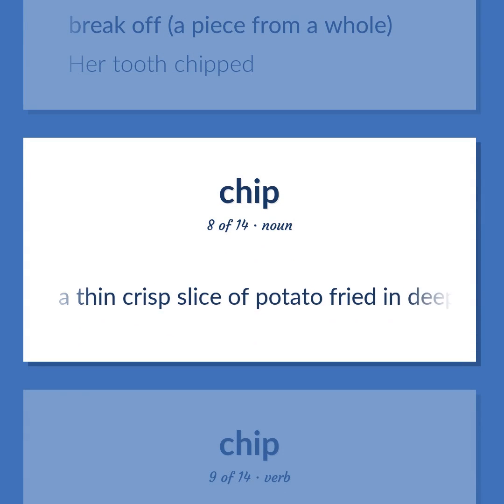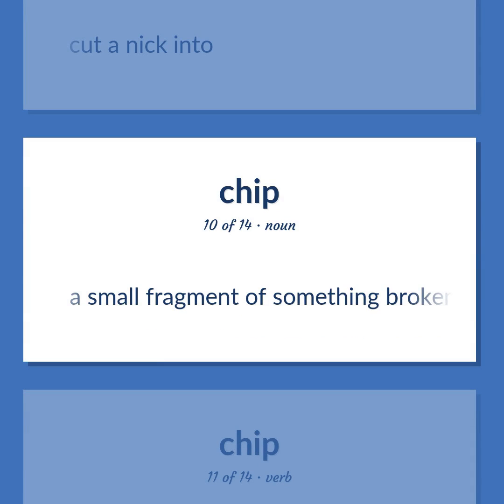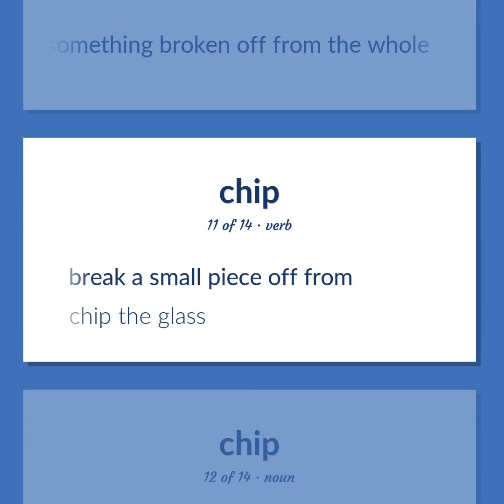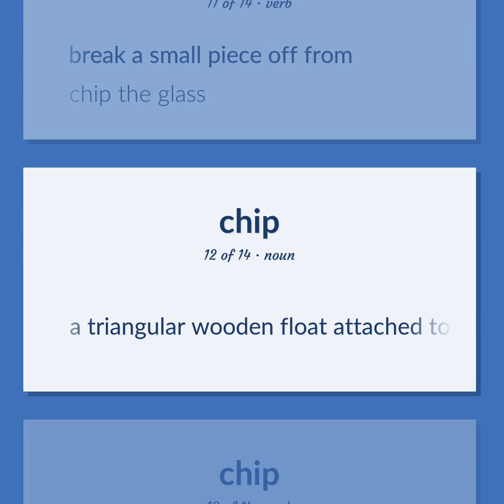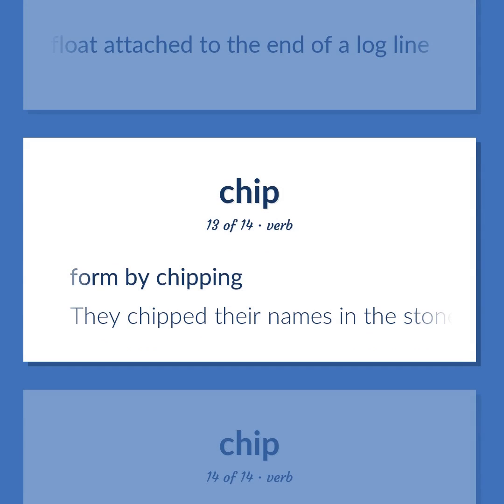A thin crisp slice of potato fried in deep fat. Cut a nick into. A small fragment of something broken off from the whole. Break a small piece off from. Chip the glass. A triangular wooden float attached to the end of a log line. Form by chipping.